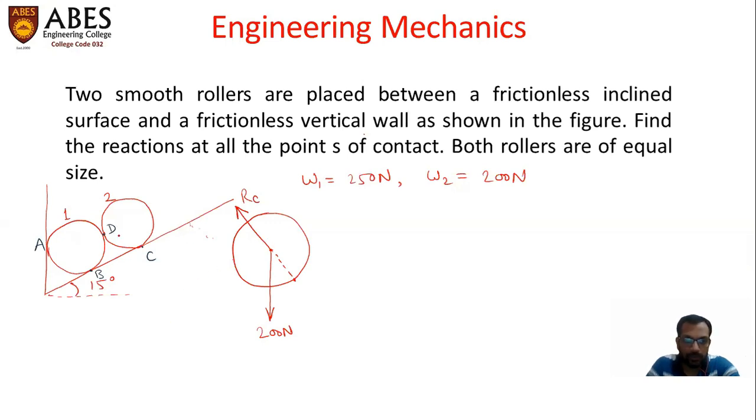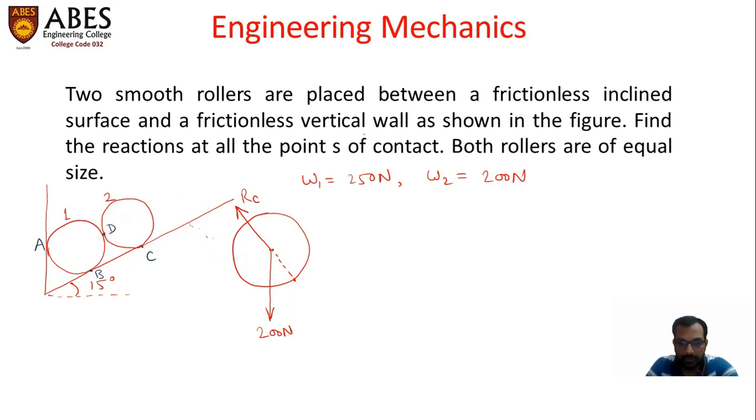Now let's show the reaction at point D. The reaction at point D will be inclined upward at an angle of 15 degrees because the size of these two rollers are same. Therefore, the mutual reaction between these two rollers will be parallel to this plane surface. So the inclination of the reaction at point D will be the same angle, 15 degrees.